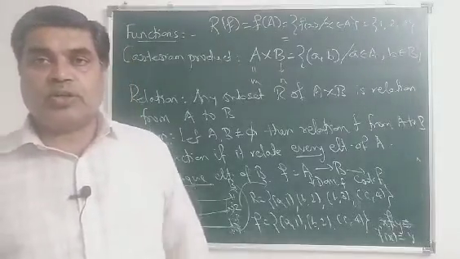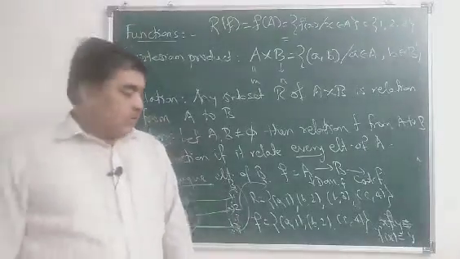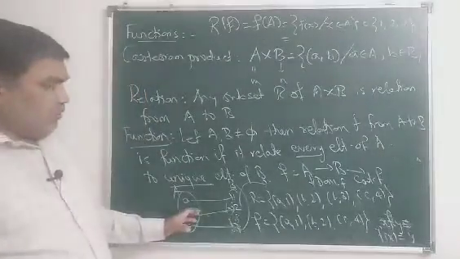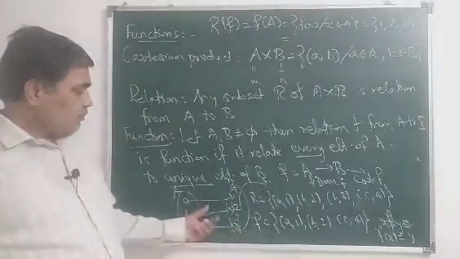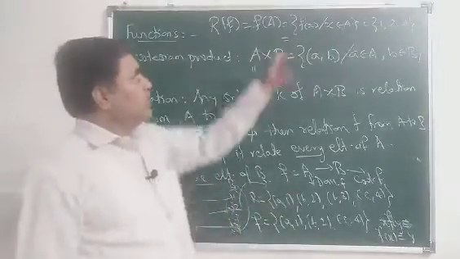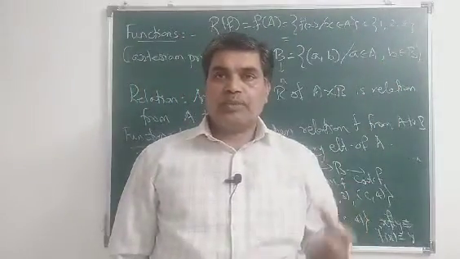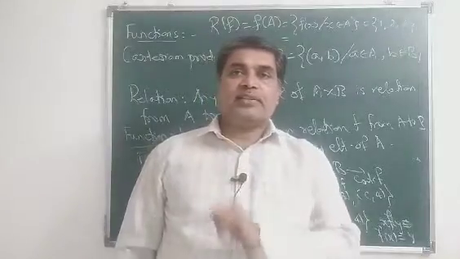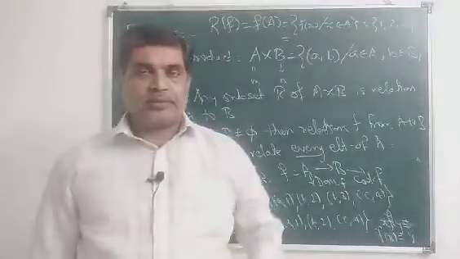Therefore this function is not onto. So a function will become onto if the range of f is the whole codomain set B. Then in that case f is called an onto function or surjective function.